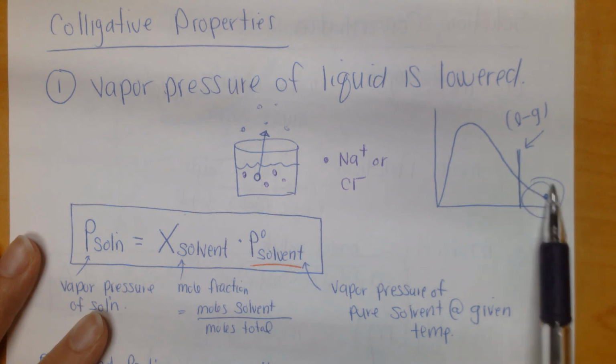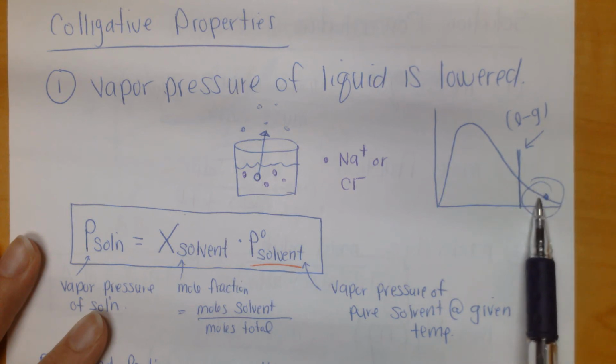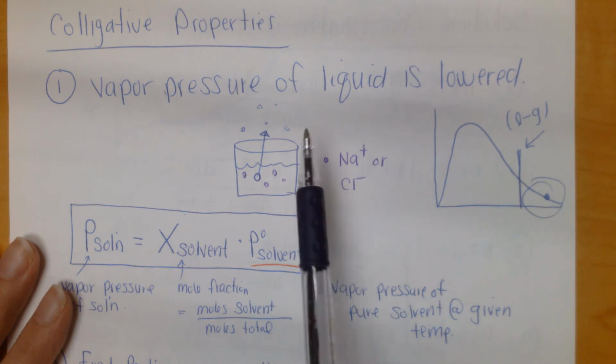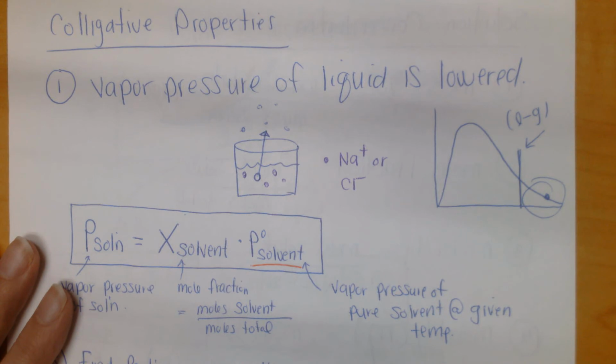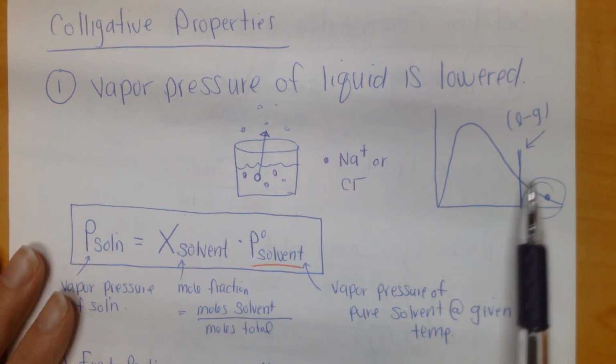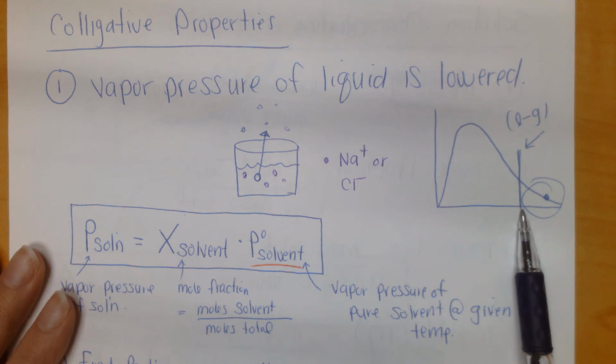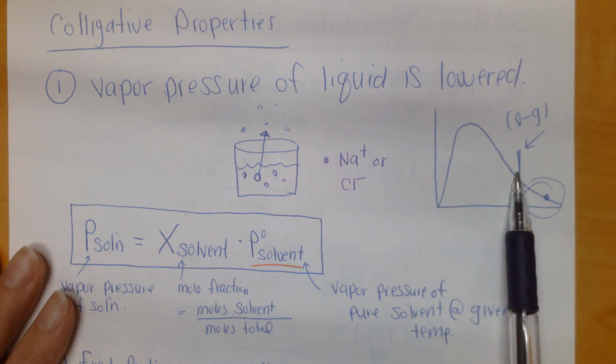A handful of these particles at a given temperature will have enough energy. Those will break free and be in the gas phase, and that's called the vapor pressure of the liquid. As you increase the temperature, more and more particles have that energy, so this line shifts.